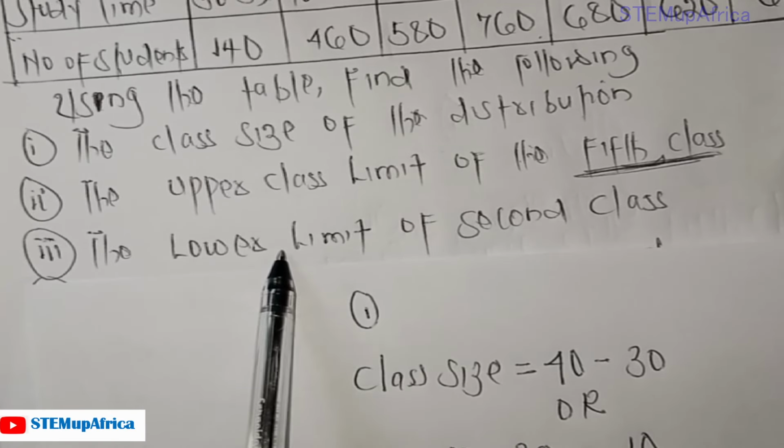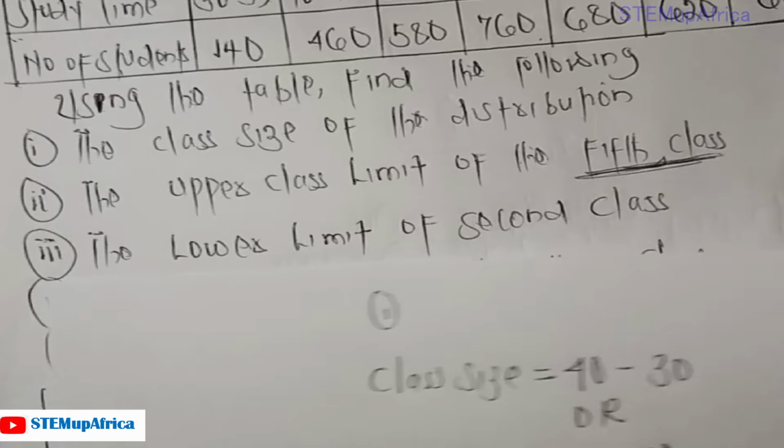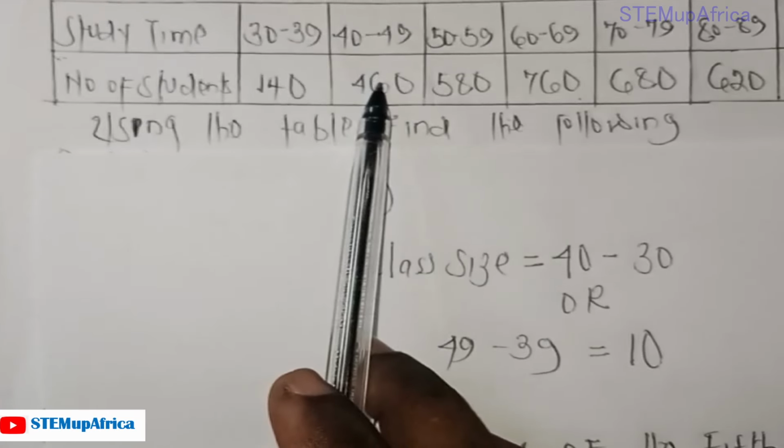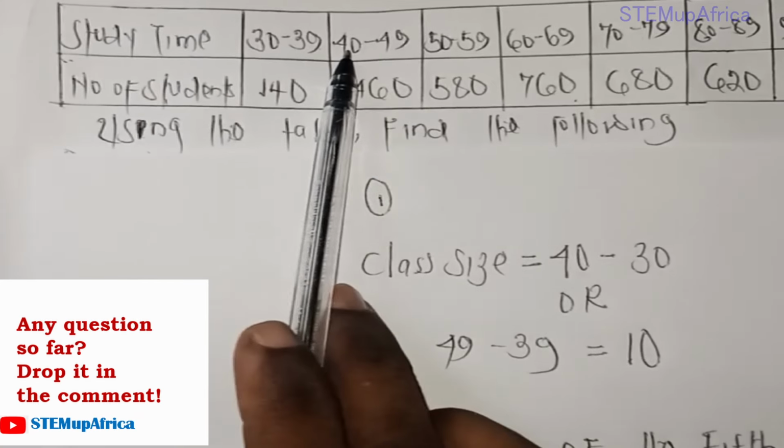Then let's go to Roman figure 3. It says the lower limit of the 2nd class. This is the 1st class and this is the 2nd class. The lower class limit here is this first number.